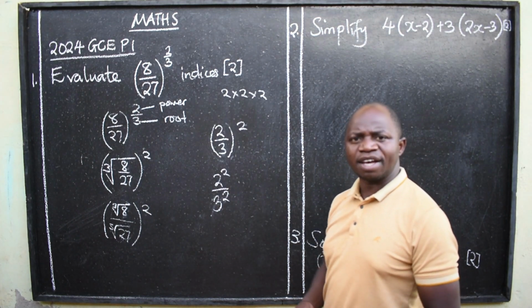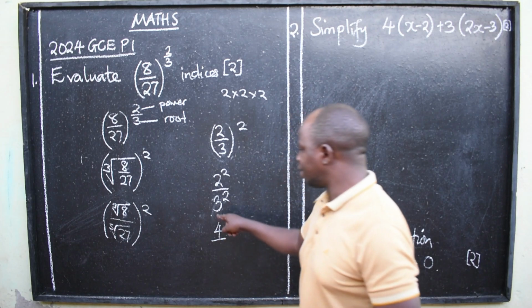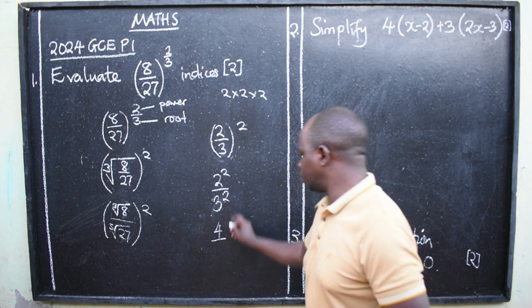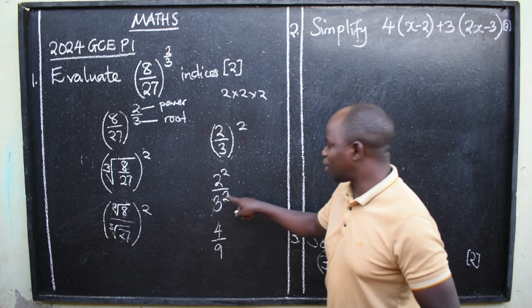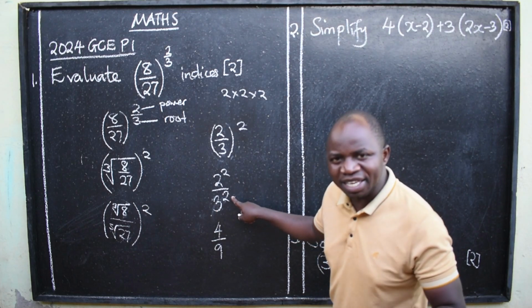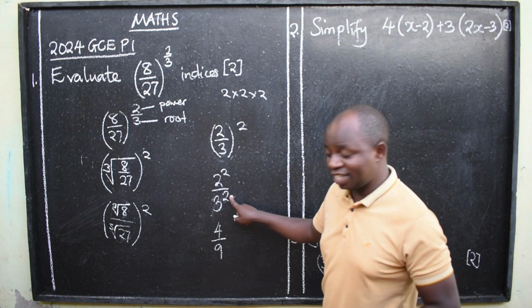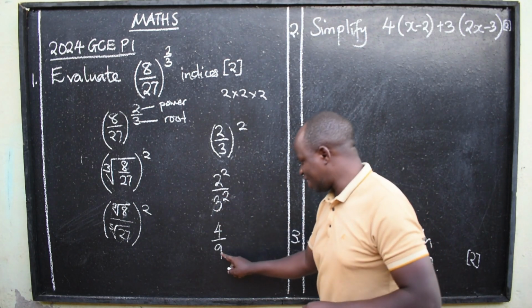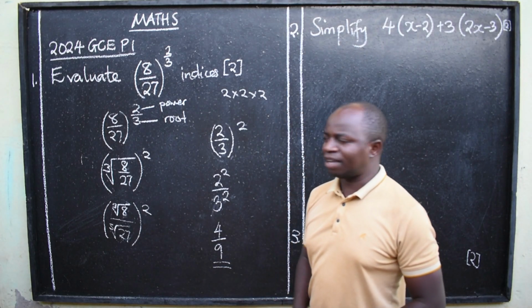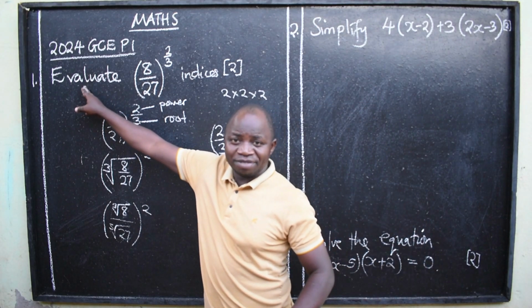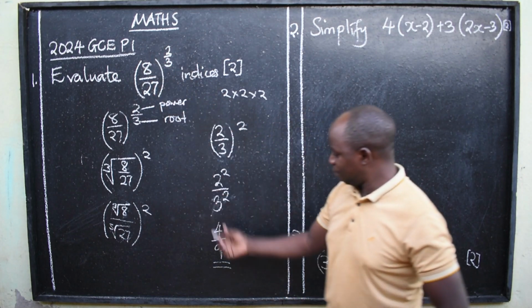Then you find the answer. 2 to the power 2 is 4, over 3 to the power 2 is 9. Please take note that 3 to the power 2 does not mean 3 times 2. No, but 3 times 3. That is the 9 you're seeing here. So this now is your final answer. Have you gotten the meaning? You have found the exact value of this, which is this.